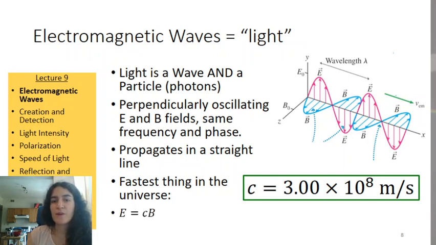Another thing to know is that at all points on this wave, the magnitude of the electric field is going to be equal to the magnitude of the magnetic field times c, right? So now we know a new way of relating, not constants, but units. So the units for electric field are volts per meter.